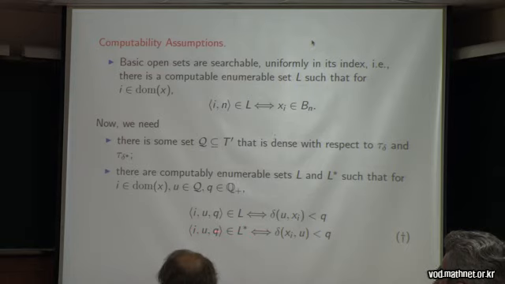Here I've written it in a way, so it should be delta star of (u, x_i), but I used the definition so that we have it this way. And look at the dagger, this is an important requirement.